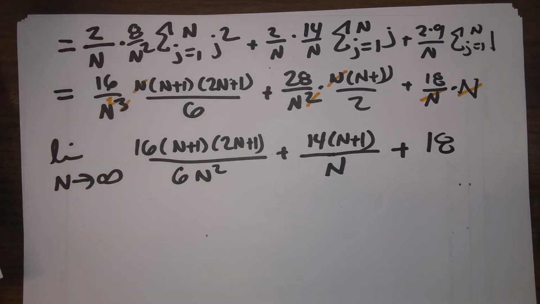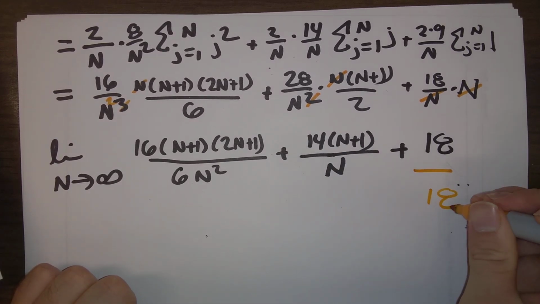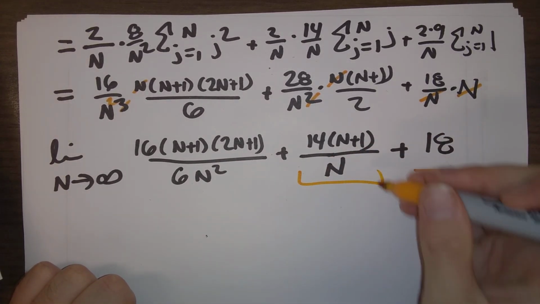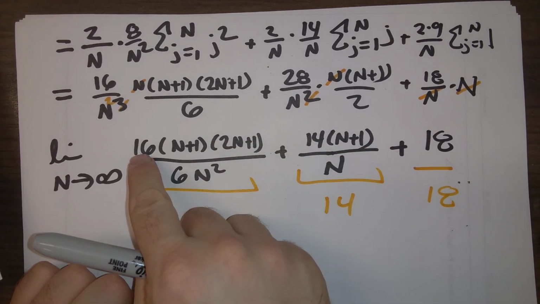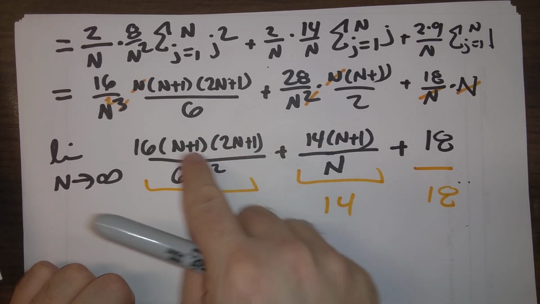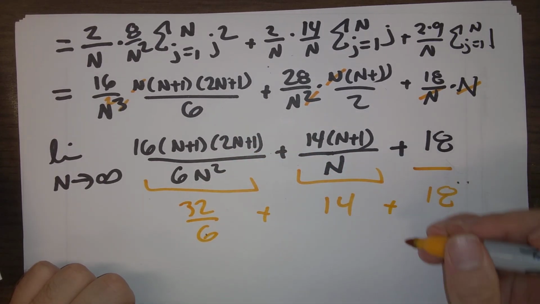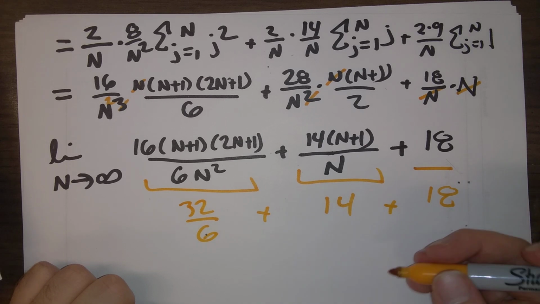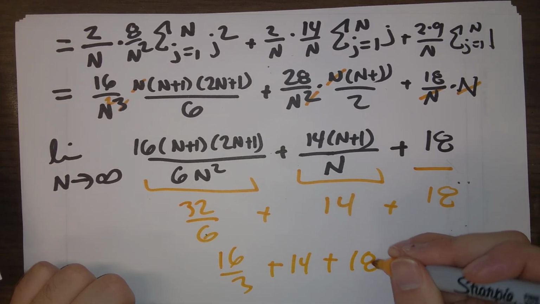A little bit of thought should say that this is equal to 18 under the limit. The limit of this is going to be 14, and the limit of this ends up being 16 times 2 over 6, 32 over 6. And so the answer is 16 thirds plus 14 plus 18.